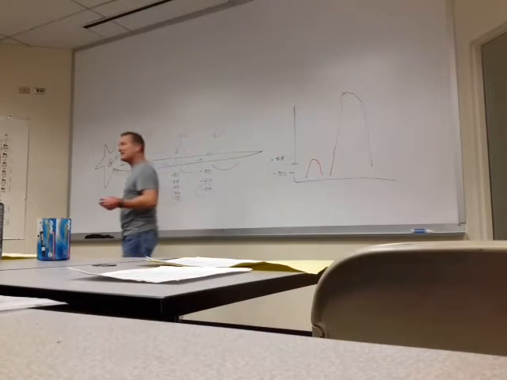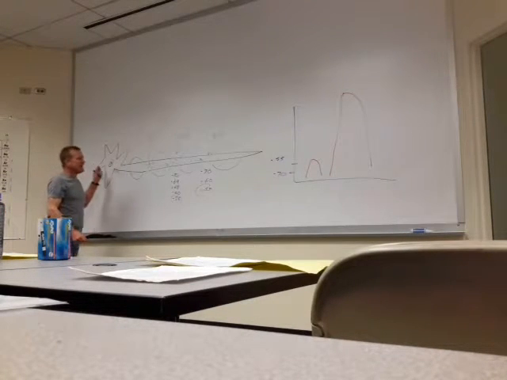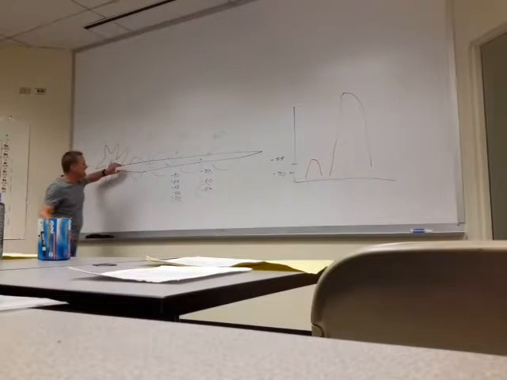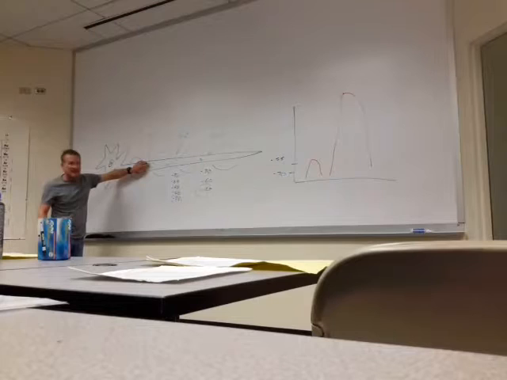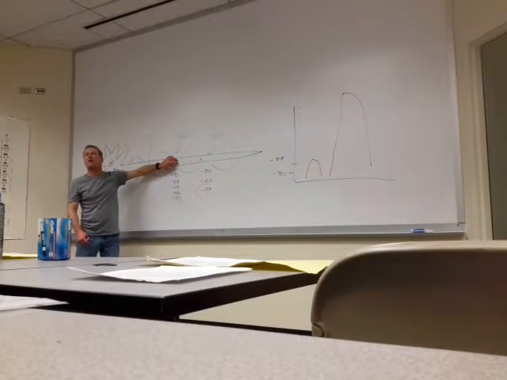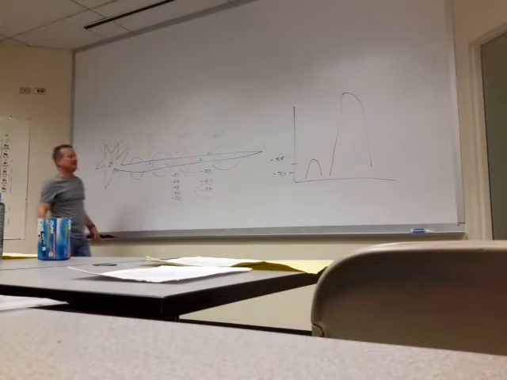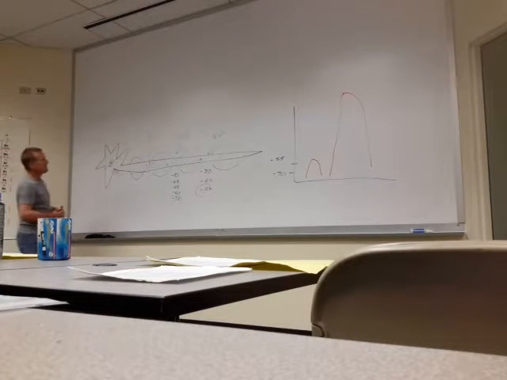But beyond that, all or none pertains to this entire axon. If we get this action potential, we will get this one. And if we get this one, we will get this one. Why? Because the sodium diffuses from node to node. And that's called cable properties. And their jumping from node to node is called saltatory conduction.